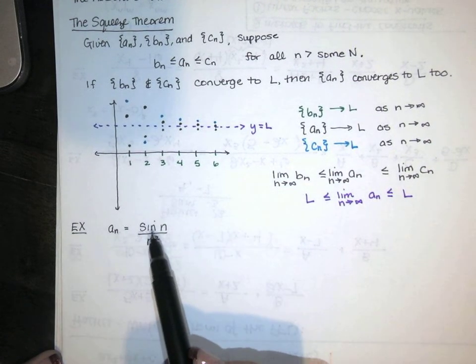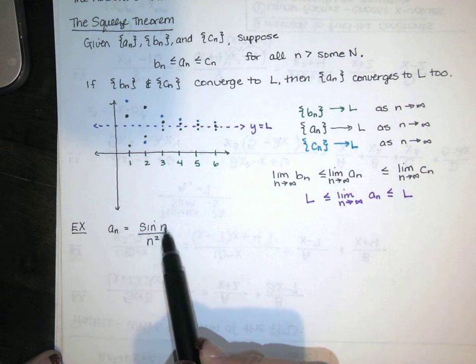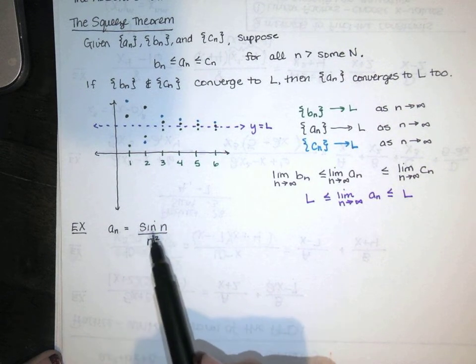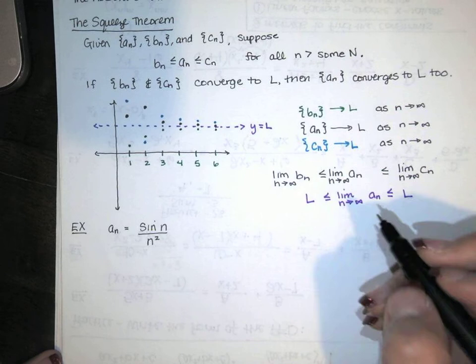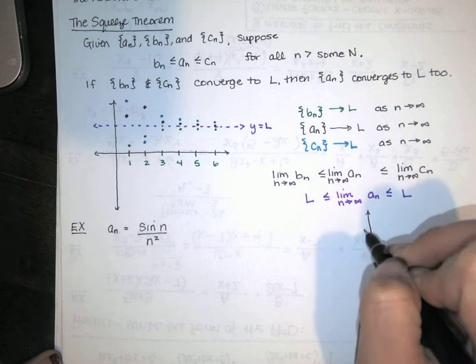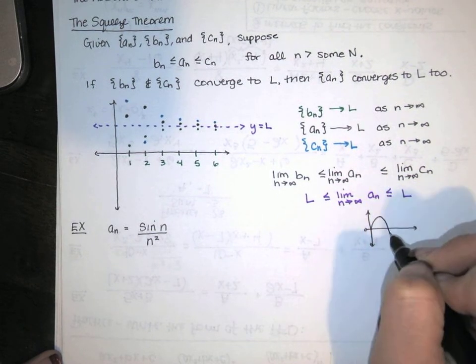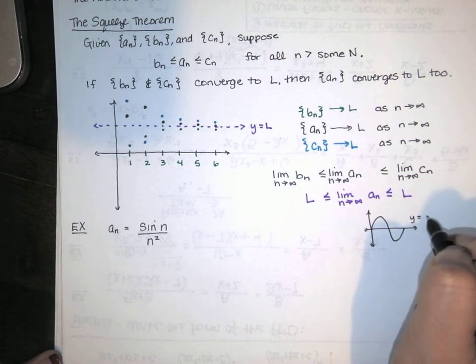But there are built-in comparisons. Every time you see a sine of n or a cosine of n, you know from trig that if I graph y equals sine of x, it looks like this.